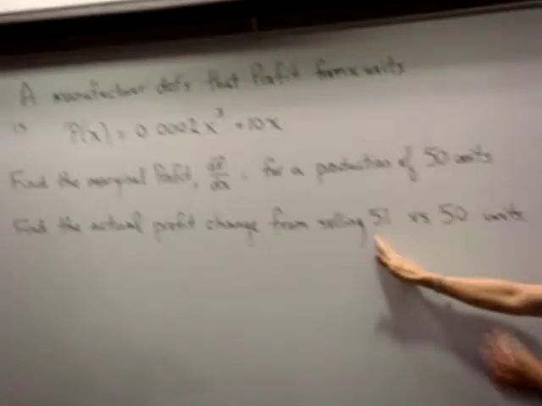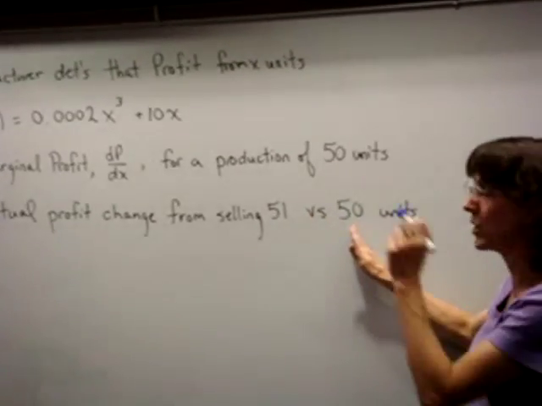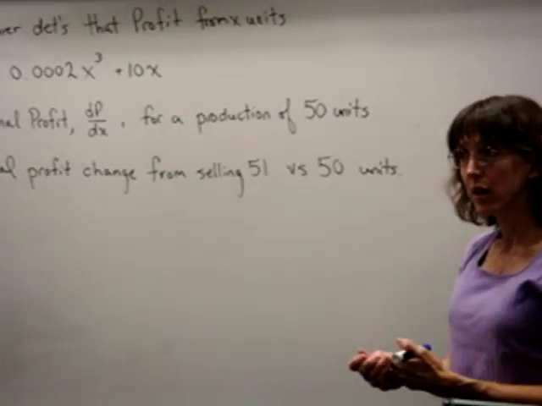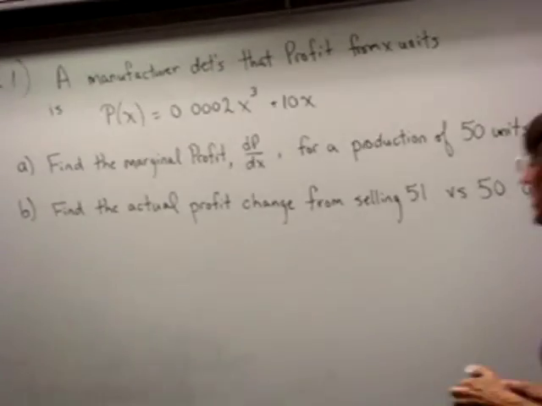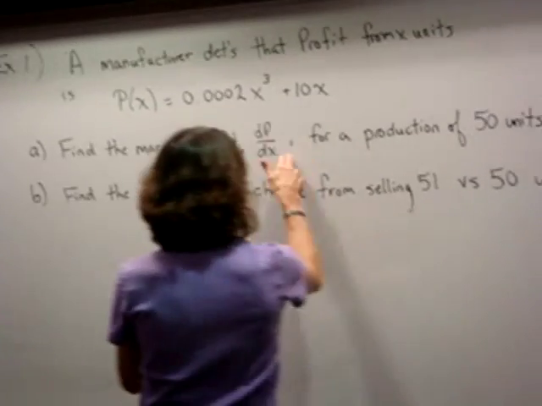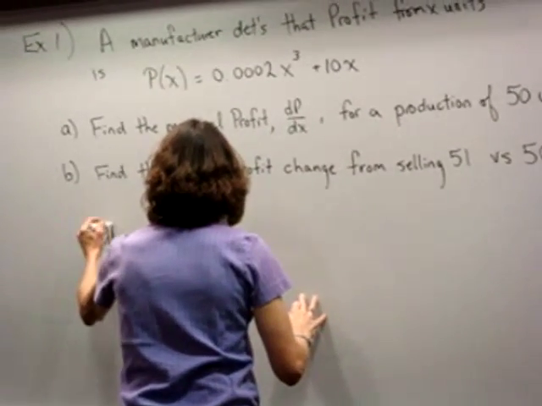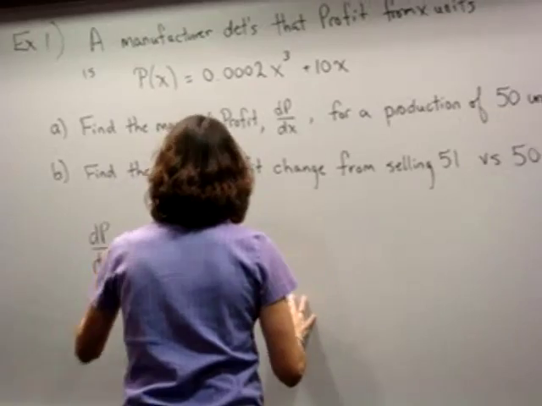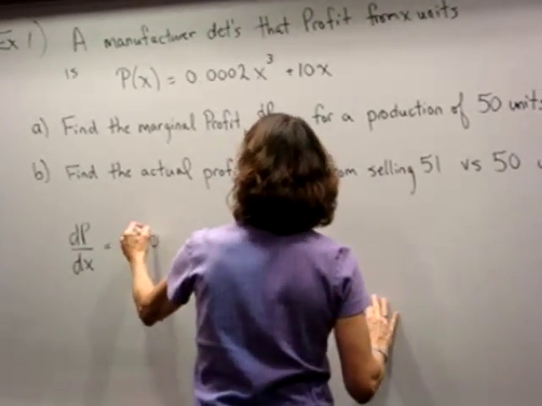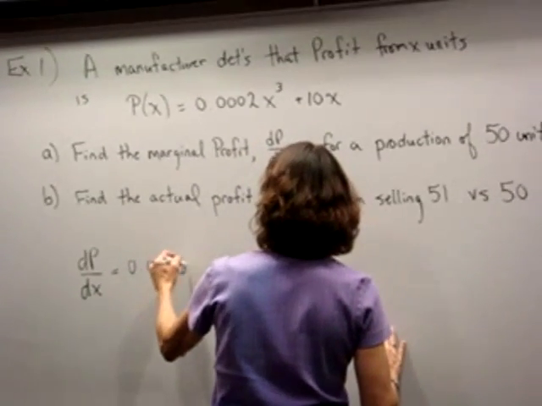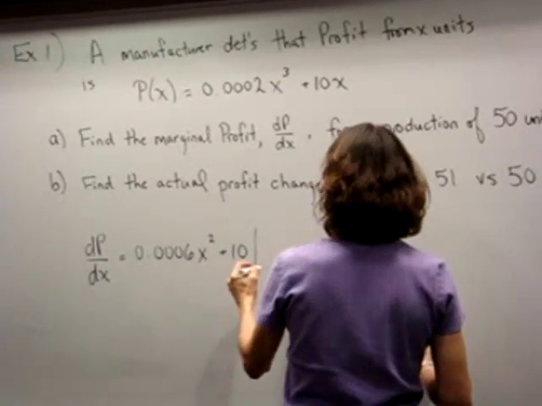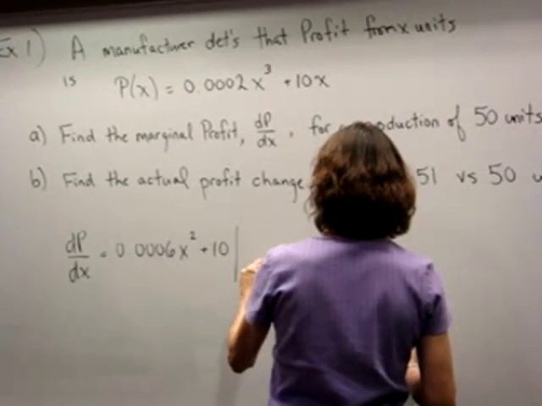We're going to plug 51 into our formula, and plug 50 into our formula, and subtract, and see what the difference is. So the derivative, dP/dX, equals 0.0006 x squared plus 10, evaluated at x equals 50.